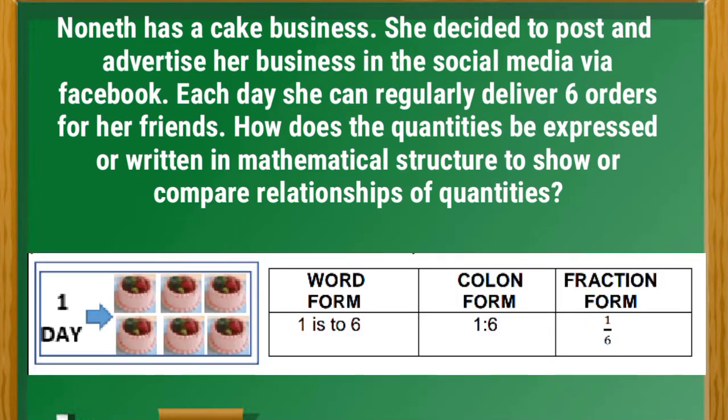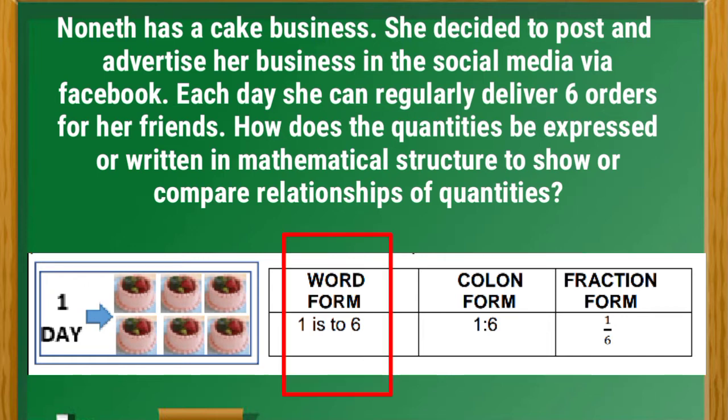Based on the problem, Nuneth is able to deliver 6 cakes in just one day. The relationship of the 2 quantities, the number of days and the number of cakes delivered, is what we call ratio. And ratio can be expressed in 3 different ways.